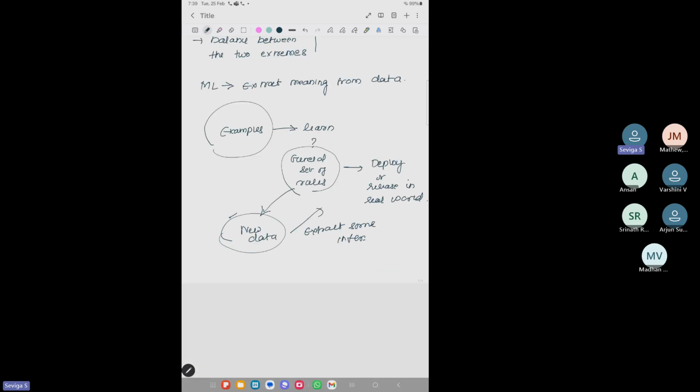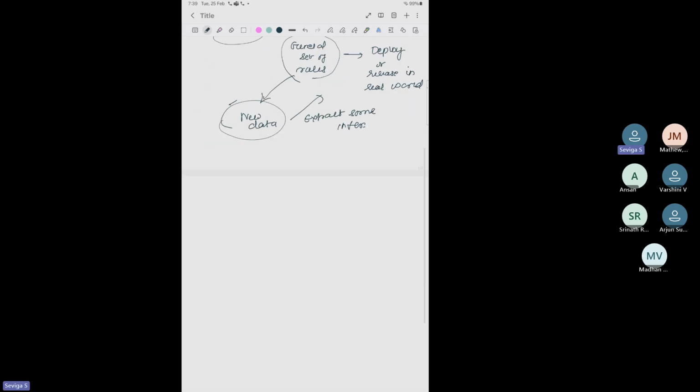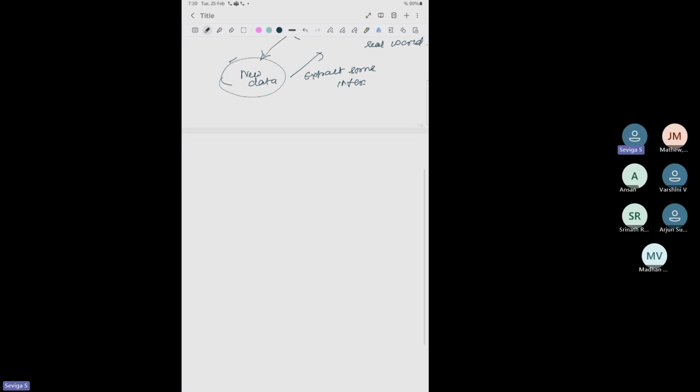Whether it is a person or a computer, learning a general set of rules from a finite set of examples is a tough challenge. Why is it a tough challenge? First, when we don't pay enough attention, our rules will be very general. Then it can lead to wrong conclusions.